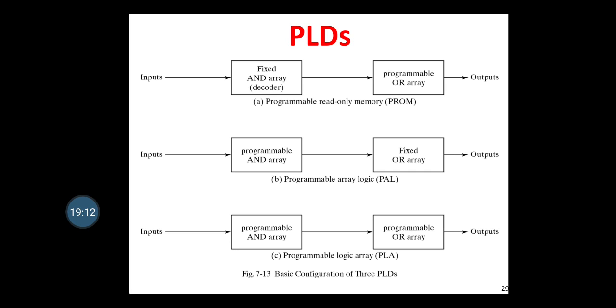And in PAL, programmable array logic, the AND array is programmable but the OR array is fixed. And in PLA, the AND array is programmable and the OR array is also programmable.